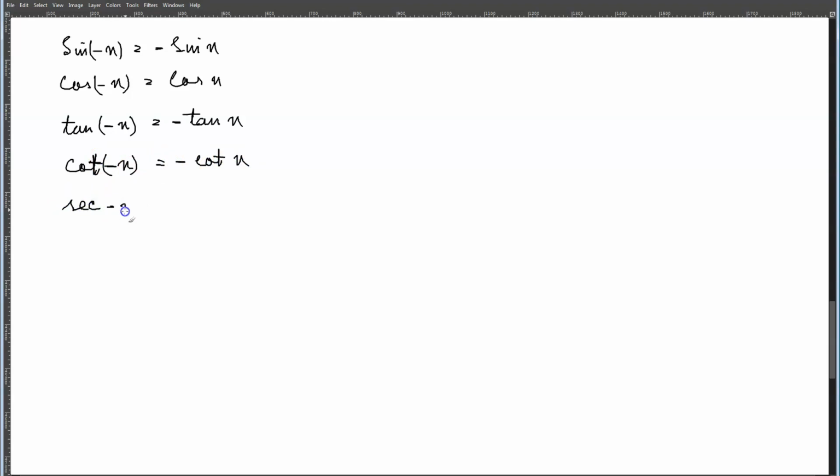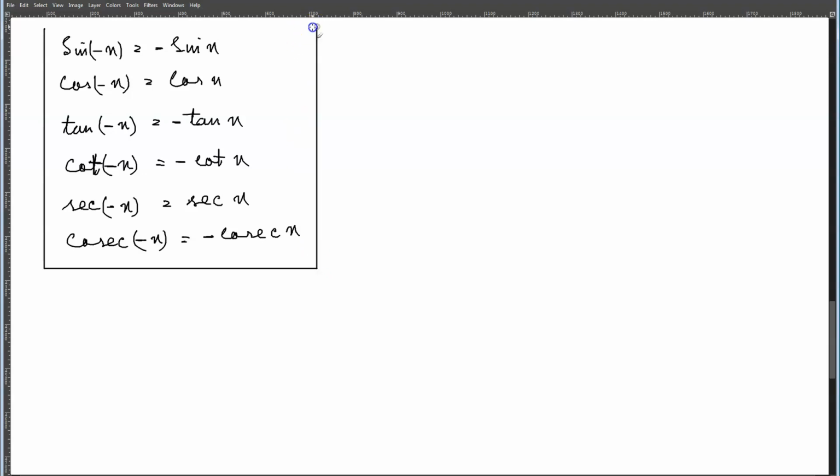Secant negative x is equal to secant x, and cosecant negative x is equal to negative cosecant x. That is one group of formulas that you can remember and use. These are the kinds of things that you need to remember.